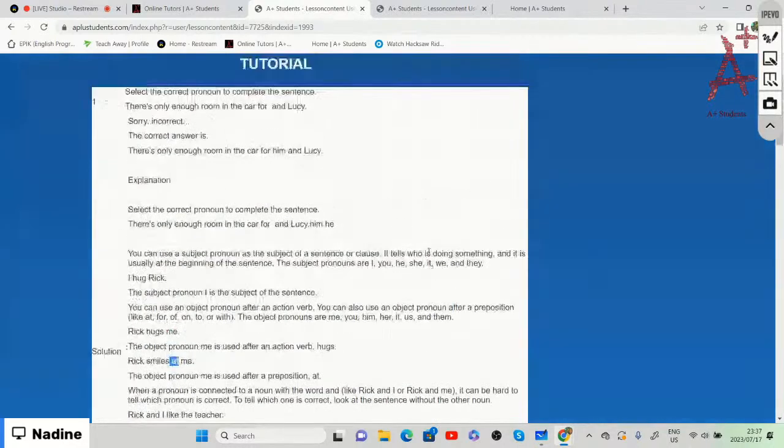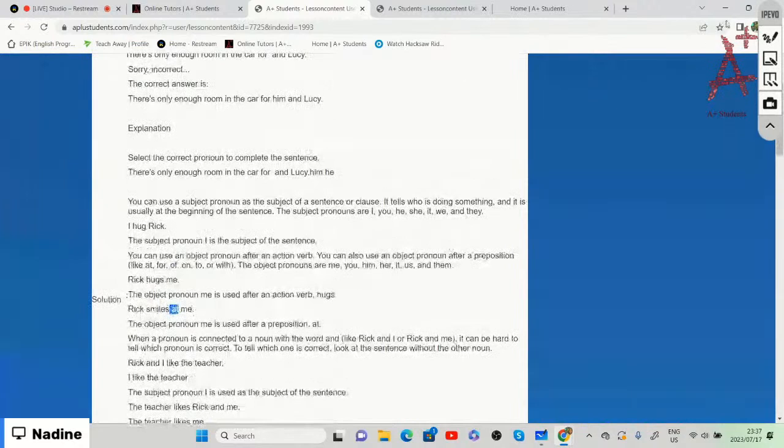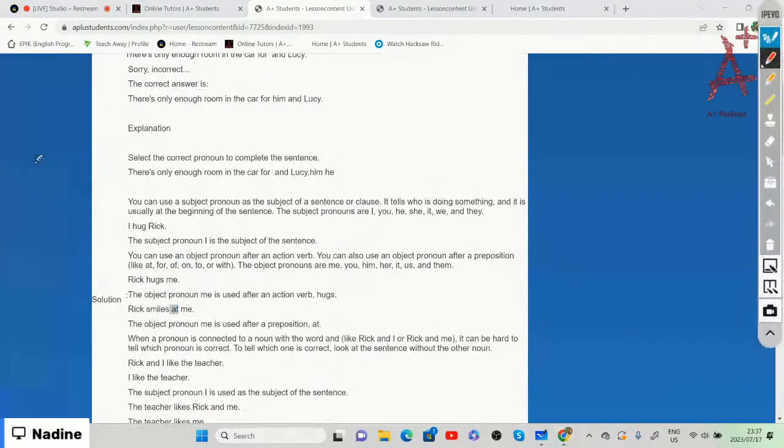All right, let's go to our sentence. We need to select the correct pronoun to complete the sentence. There's only enough room in the car for, is it for him and Lucy or for he and Lucy? So we need to choose the correct pronoun within that sentence to complete the sentence. We need to choose between him and he.